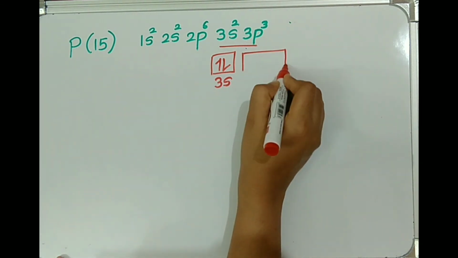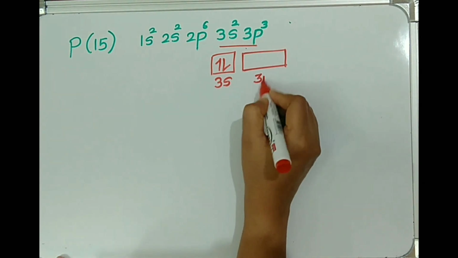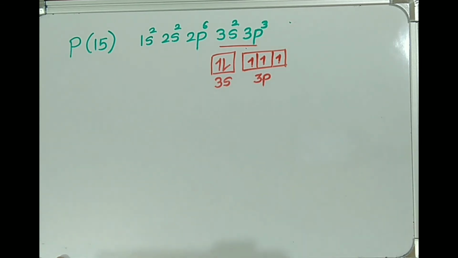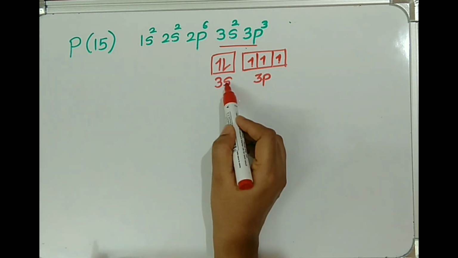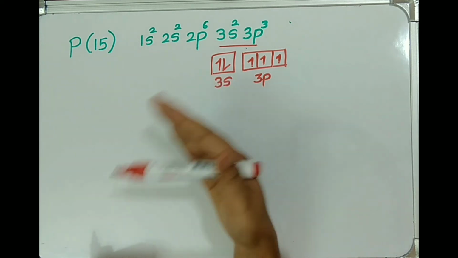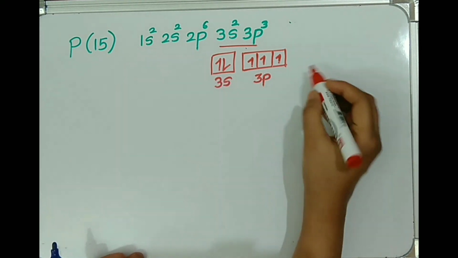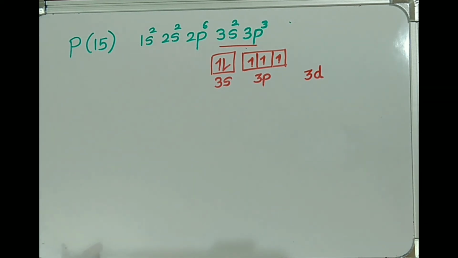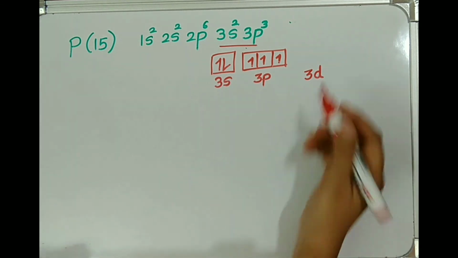And for p orbital, 3p, 3 electrons are present. Correct? Now, for the s electrons to get unpaired or to get excited to the higher energy level, 3d orbital is present in phosphorus. 3d orbital exists. Correct? So you have to excite it.